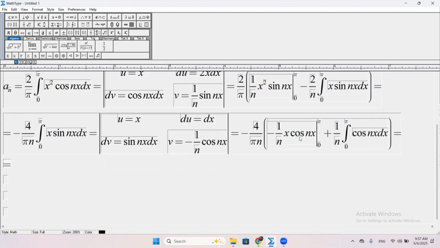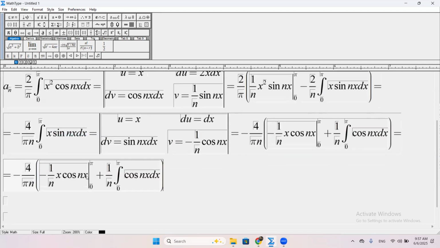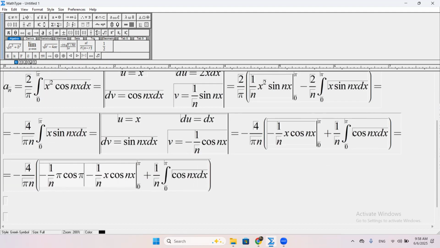Okay, now let's start calculating this integral. If I substitute p, I will receive the following: minus 1 over n, p times cosine of pn. And if I substitute 0, I will receive 0.